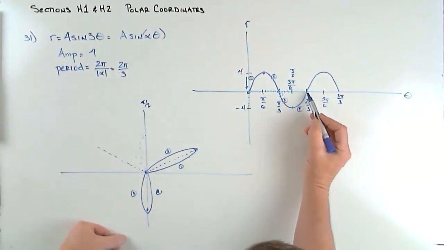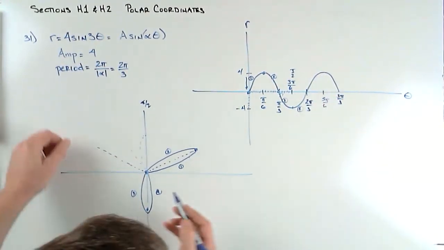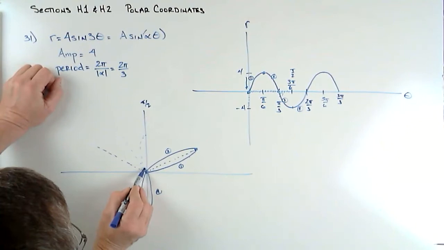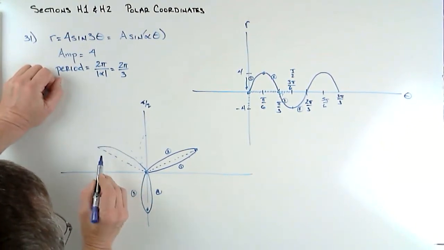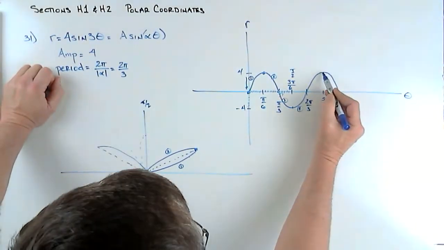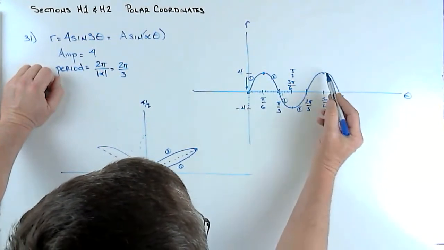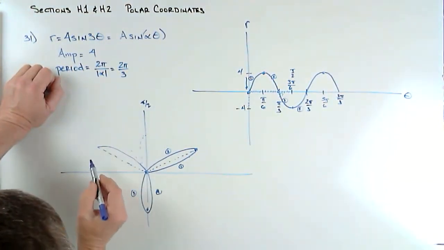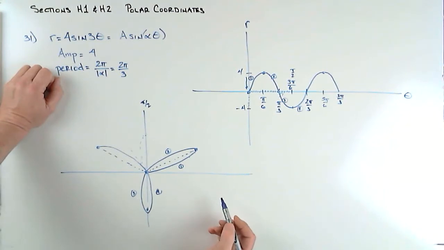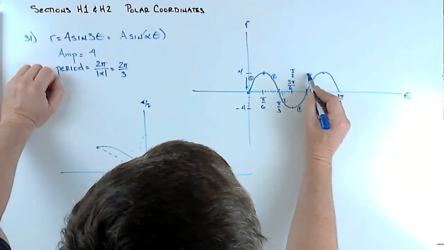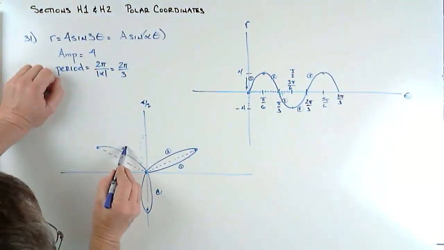We're at 0 at 2 pi over 3, and our radius grows until we get to 4. And at 5 pi over 6, we're at 5 pi over 6, 4. So that puts us here. So that's the 5th portion of this curve.